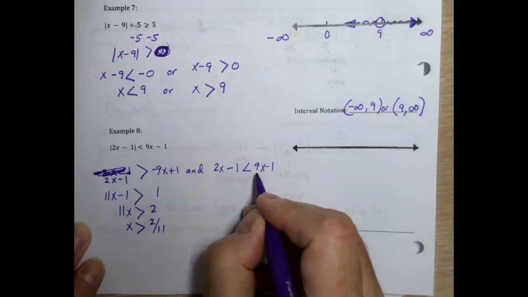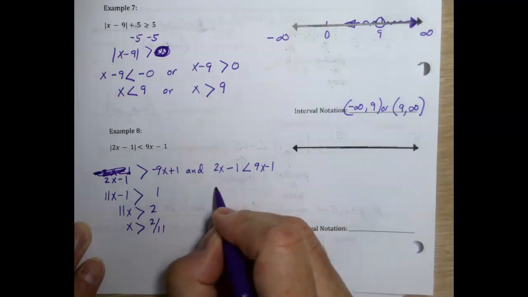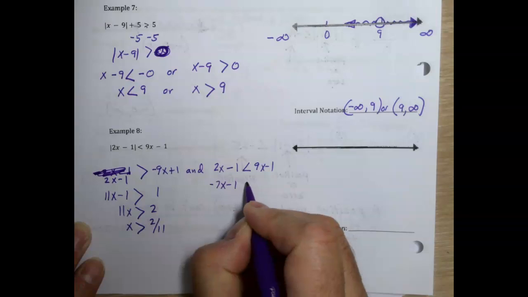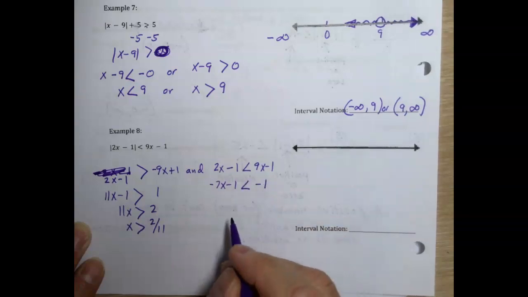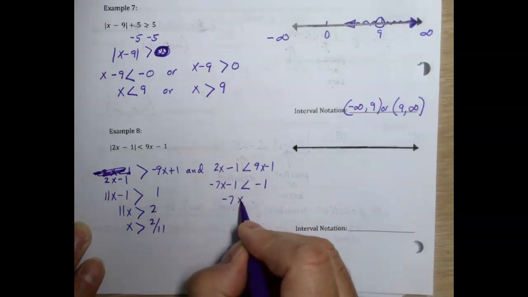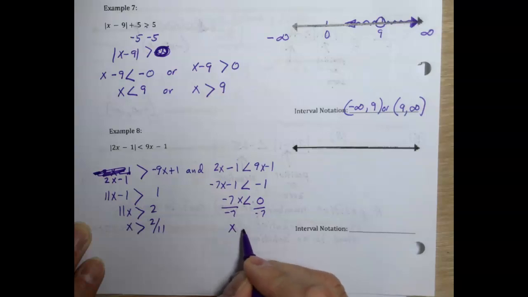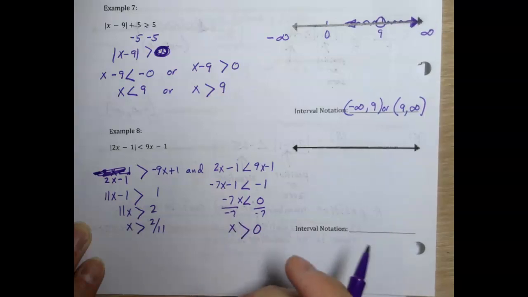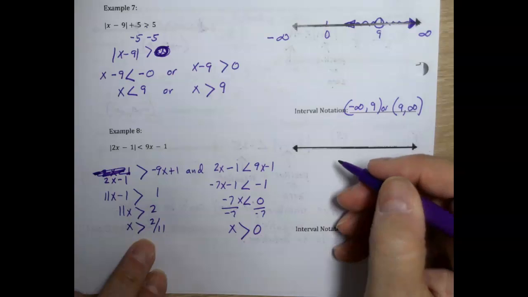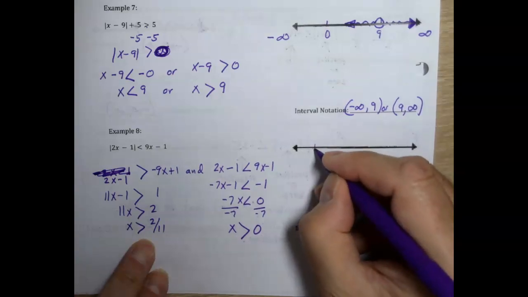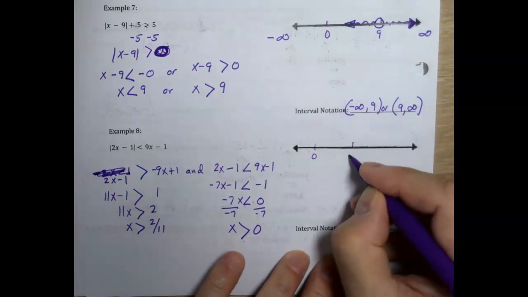Over here, I'm going to subtract 9x, which gives me 7x minus 1 is negative 1. Add to the other side, which will be negative 7. So when I divide by negative, I reverse the inequality, so that x is greater than 0. So x is greater than 2 11ths. Here's 0, 2 11ths is in here.